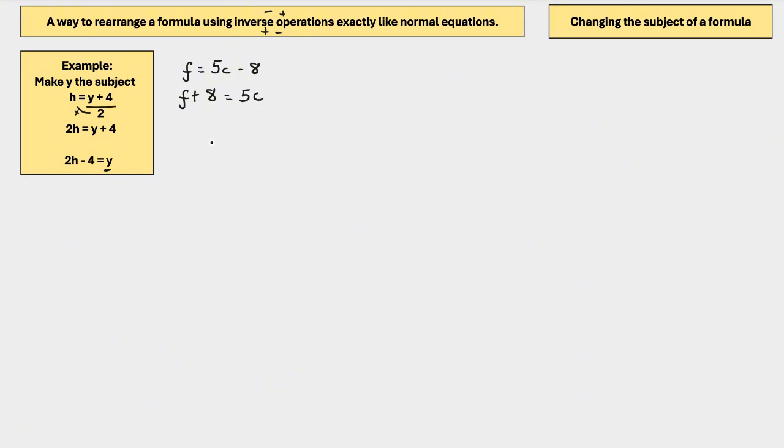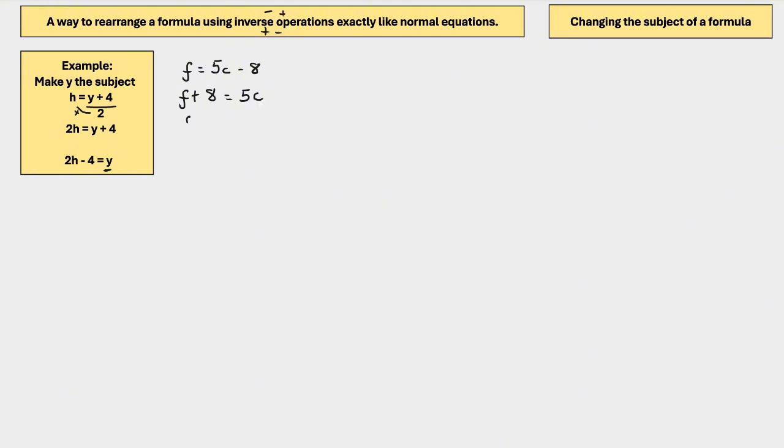One more step is required to get C on its own. What can we do here? Can you remember what I've taught you? That when they're stuck together, a letter and a number, it means times. Yeah? That is a times. That is stuck to that C. So we're going to do the inverse. It's times, so we're going to divide.